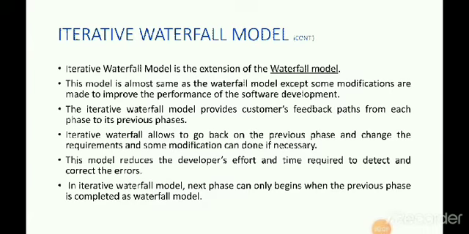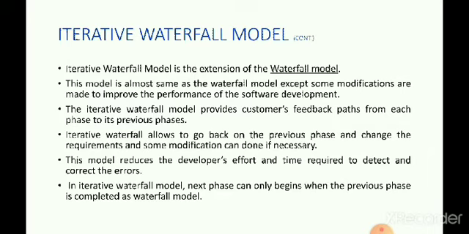The iterative waterfall model is the extension of the waterfall model. This model is almost the same as the waterfall model, except some modifications are made to improve the performance of the software development. The iterative waterfall model provides a feedback path from each phase to its previous phase.